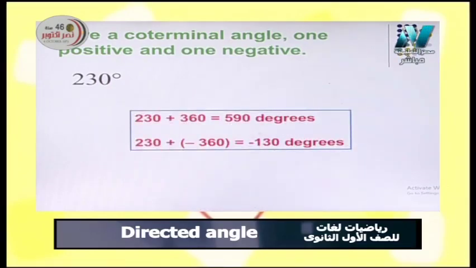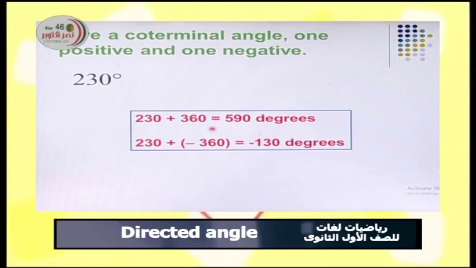If we add 230 and 360, the answer will be 590 degrees, because 360 means one complete round.